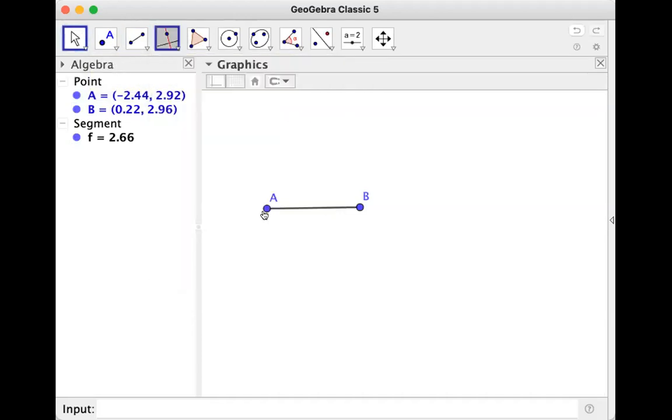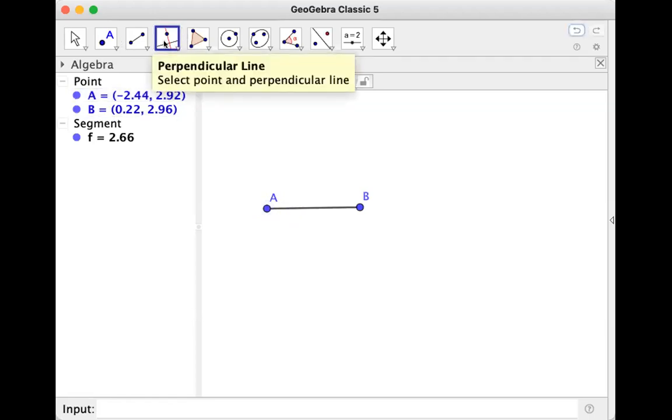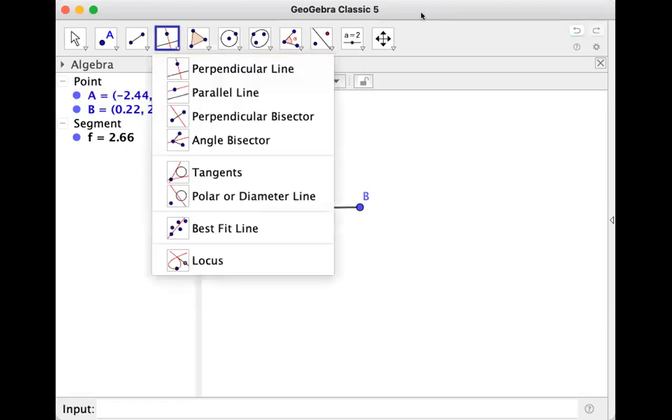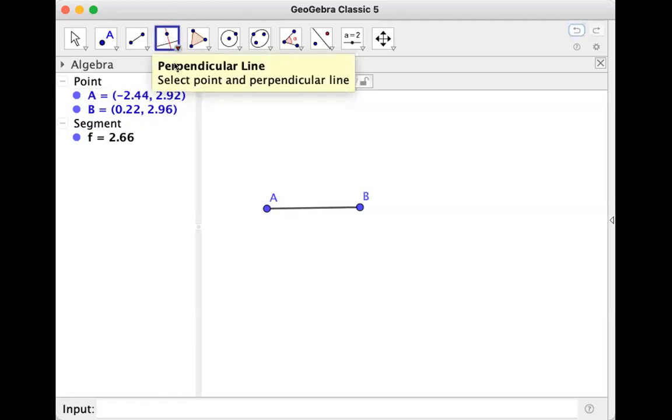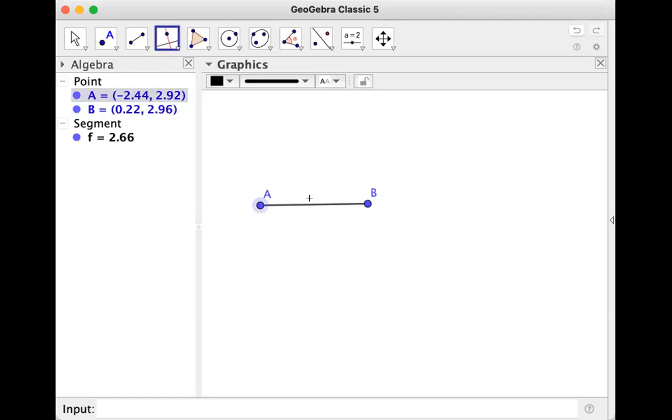I want to make a 1, 2, square root of 5 triangle. Whoops, why did that not work? Perpendicular line, select point and the line. Weird. Try this again. Perpendicular line. That's better.